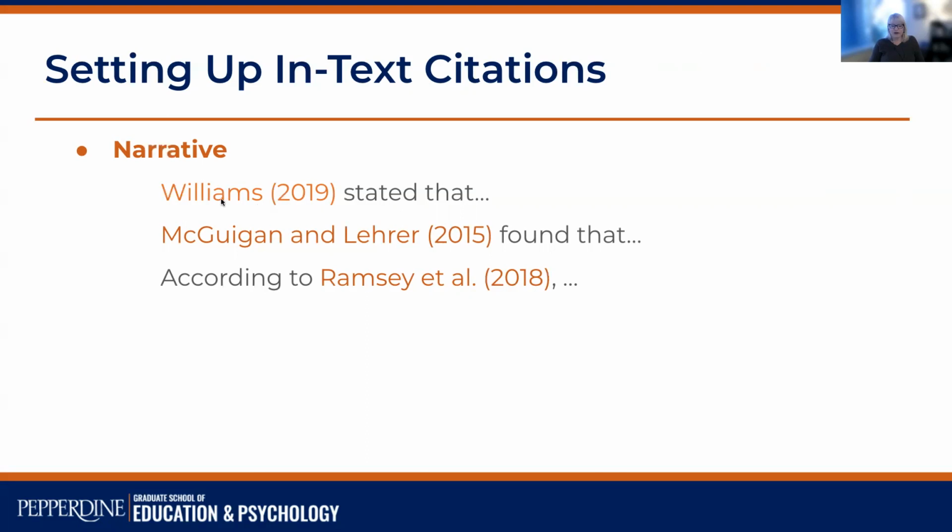And after the author's name, there's an interruption with a parenthetical citation showing the year. So this is 1 author, 2 authors, and 3 or more. And this is how they appear. So these are actually part of the sentences themselves.